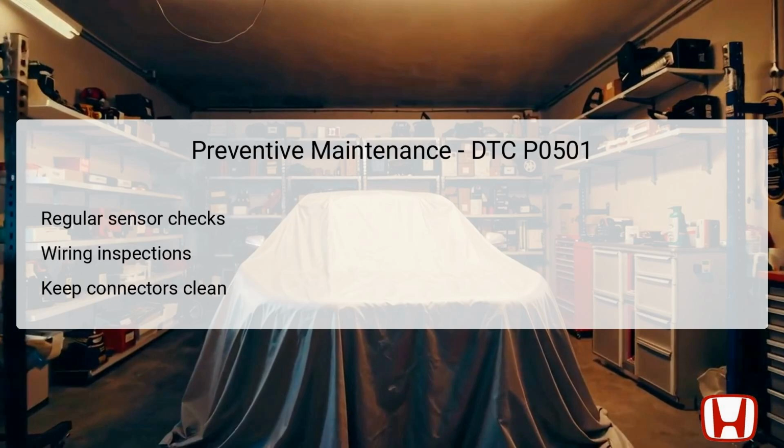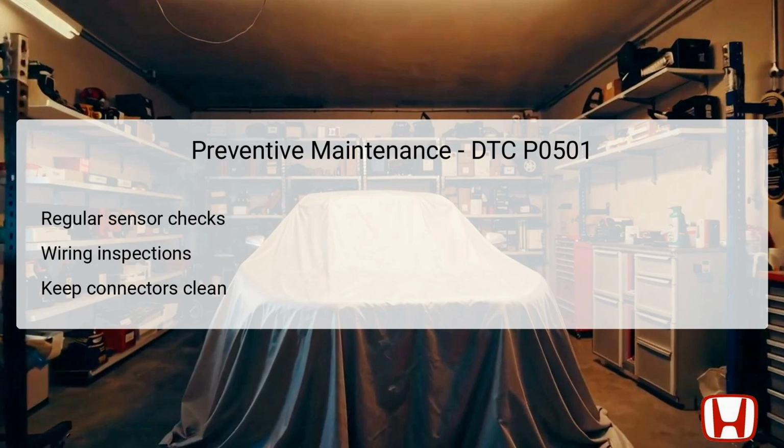To mitigate the recurrence of DTC P0501 in the future, implementing a system of preventive maintenance is vital. Conducting regular checks on the CVT speed sensor can help in early detection of any issues before they escalate. This includes inspecting the sensor's condition, ensuring there are no signs of wear, corrosion, or damage.